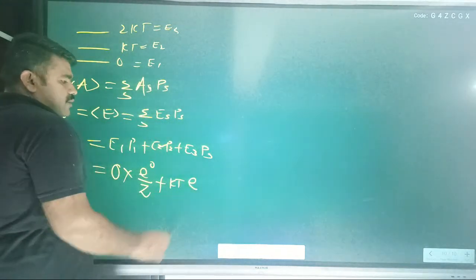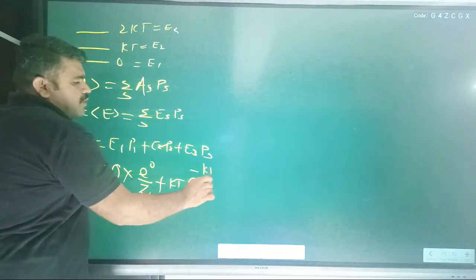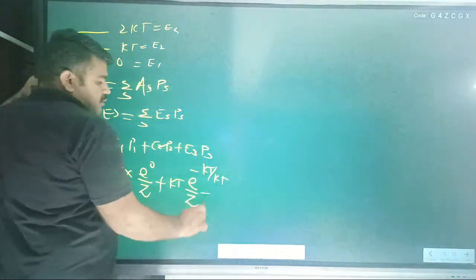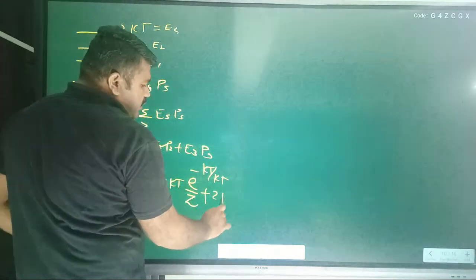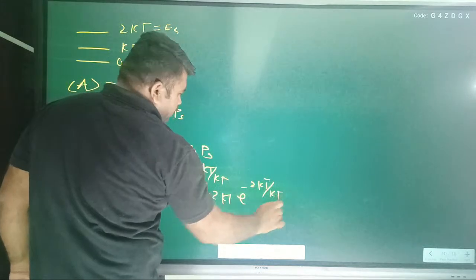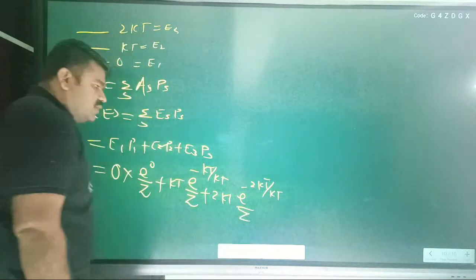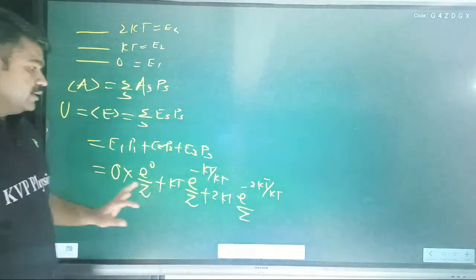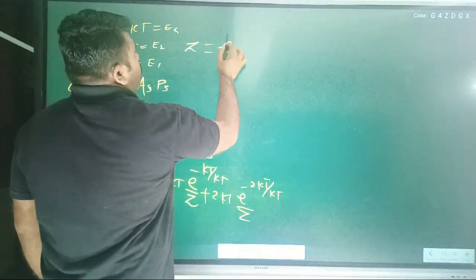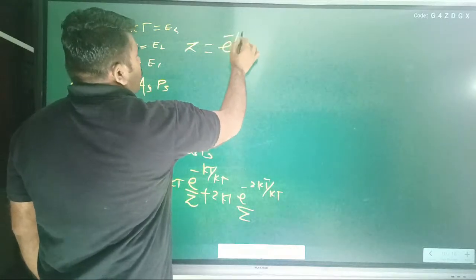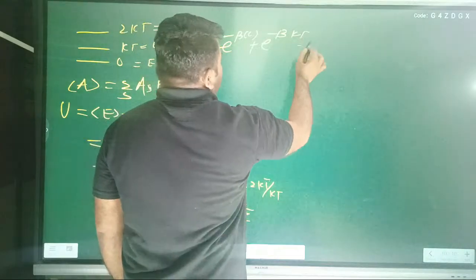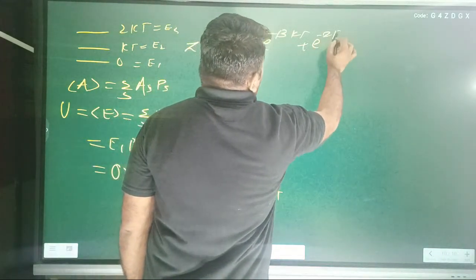Means e to the power minus kT upon kT divided by Z plus what is the third energy? 2 kT e to the power minus 2 kT upon Z. Yes or no? Now Z is nothing but here Z is equal to e to the power minus beta into 0 plus e to the power minus beta into kT plus e to the power minus 2 beta kT.